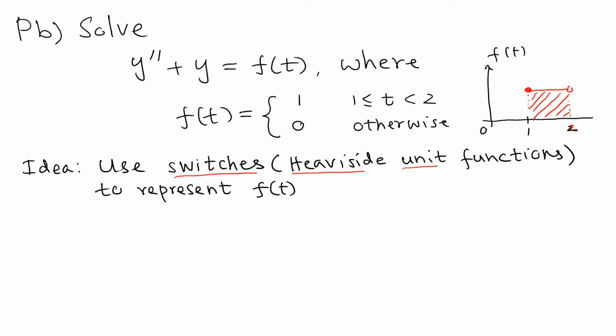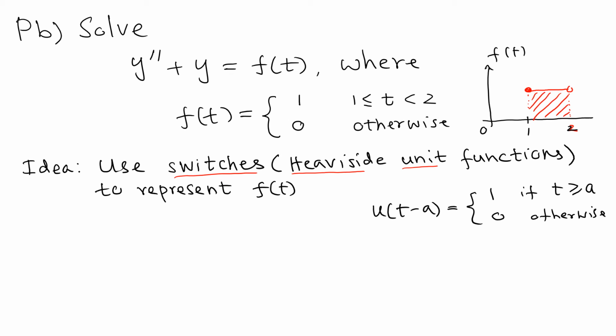So we normally use u or h for this one. If you say u, it is u(t minus a). This is defined as 1 if t is greater than or equal to a, and everywhere else it is 0, otherwise. So this is the idea.